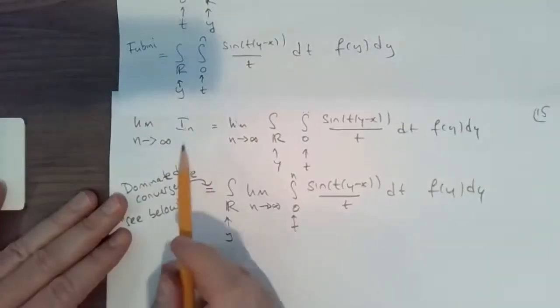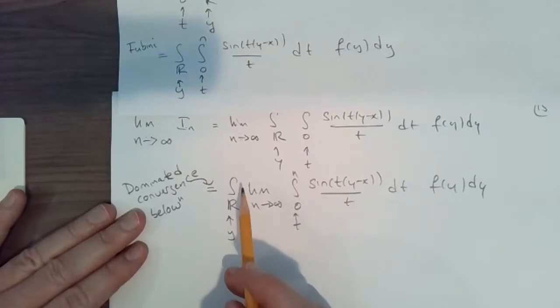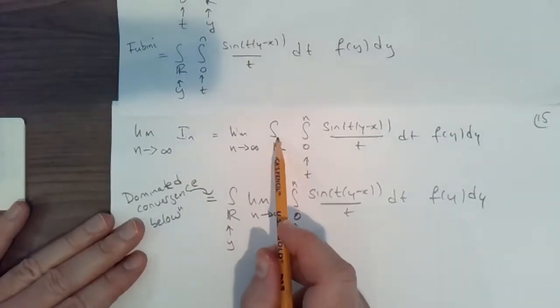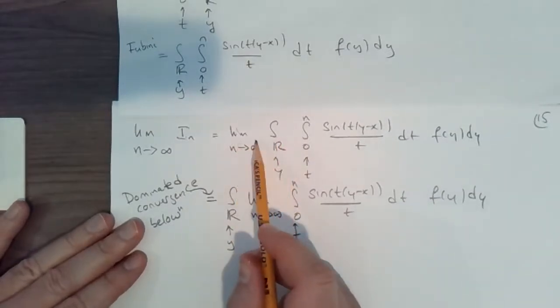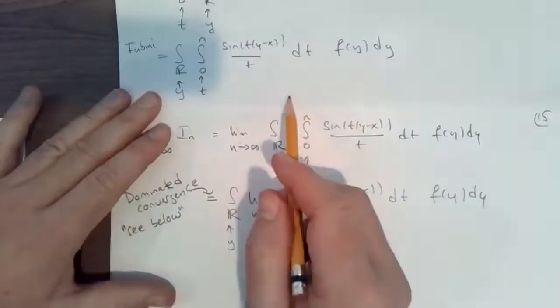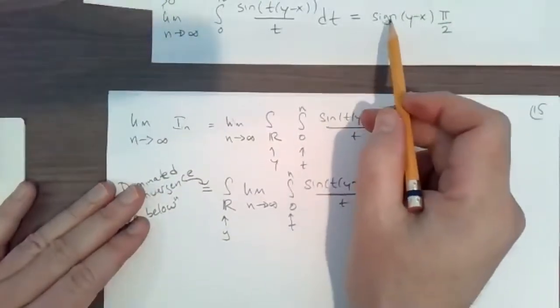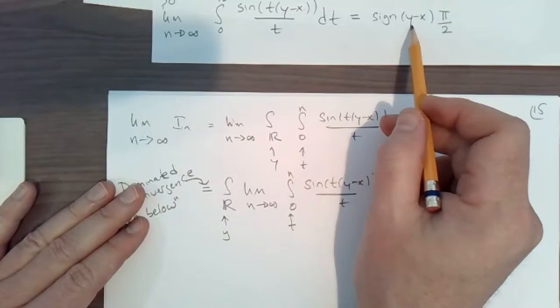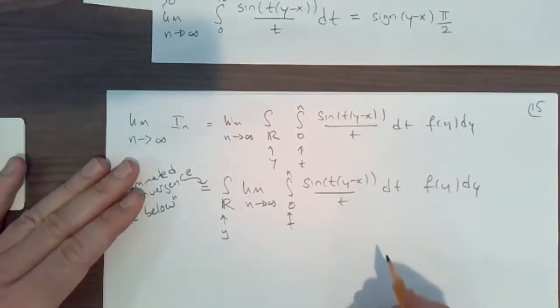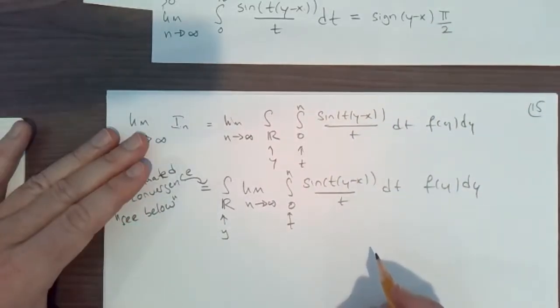All right, so let's take the limit, and let's say for now that we can interchange the first integral with the limit operation. And then we can use what we just had. We can use that limit: what we have inside here is sign of y minus x times pi over 2.